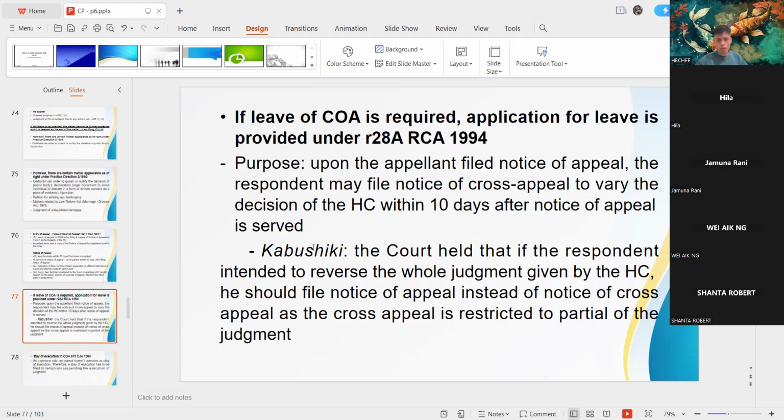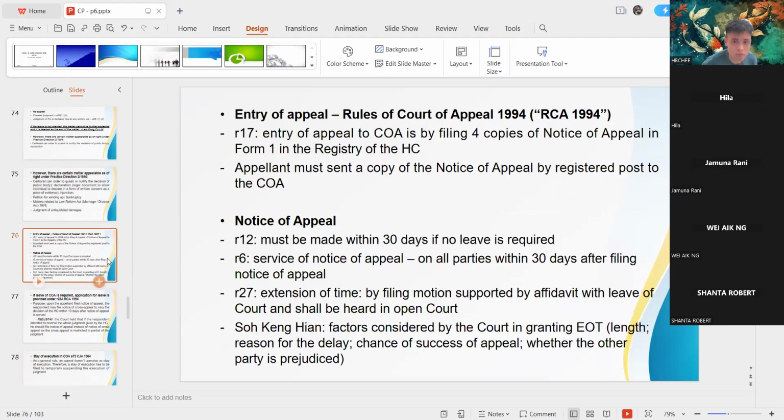So in the case of Kawashiki, the court held that this is actually, sorry, I think I've missed out something.